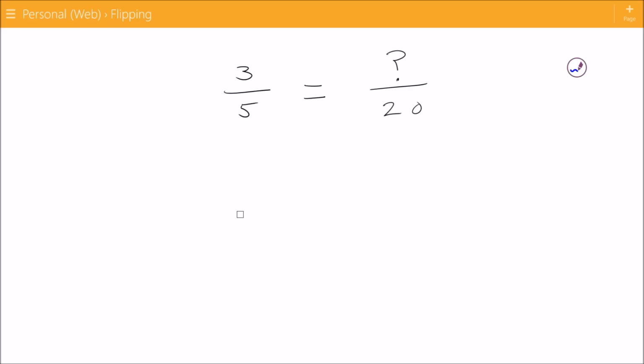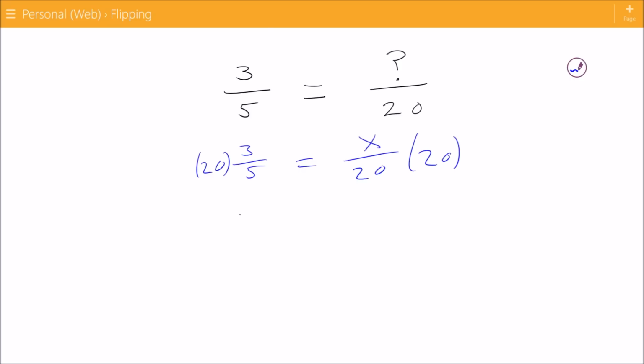So let's just treat this as 3 over 5 is going to equal x over 20. So now I just want to solve for x. I need to clear out the denominator on the right. How do I do that? Multiply by the denominator.